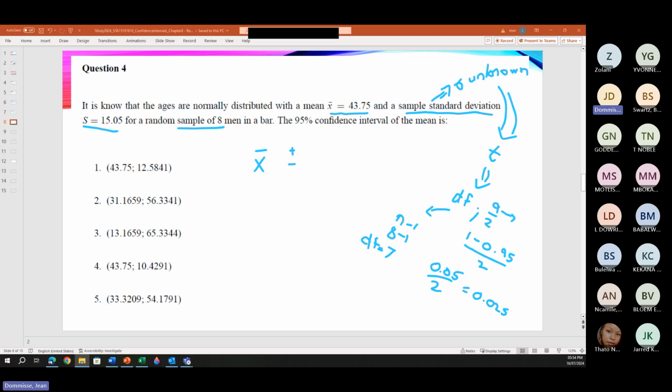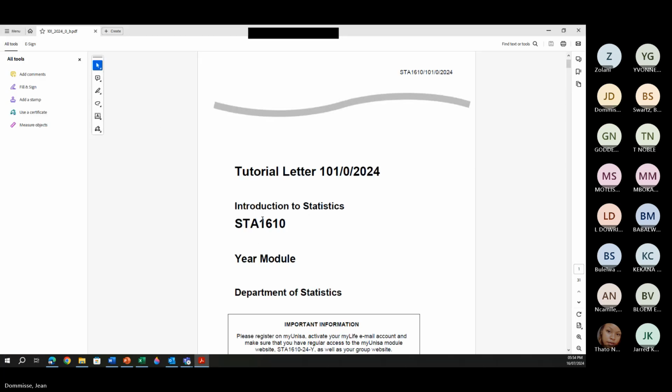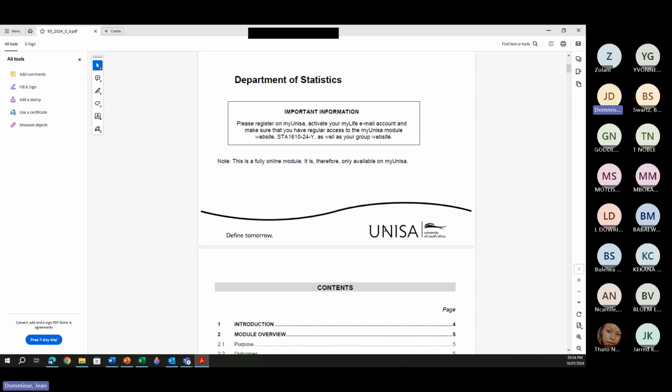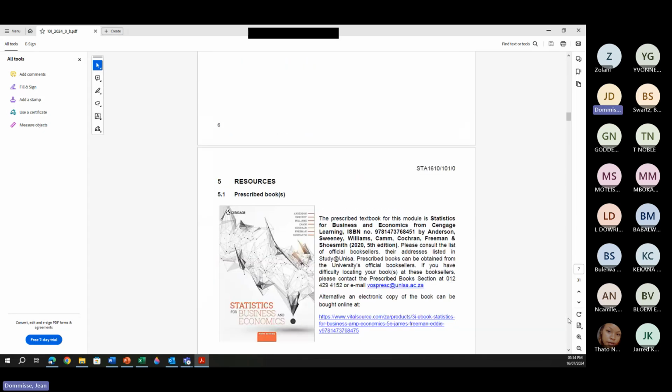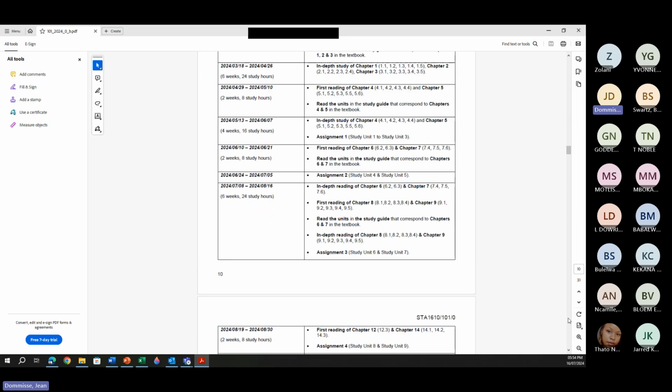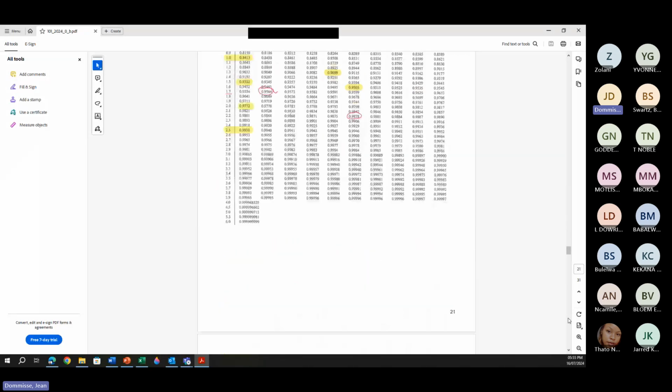So I'm using the one that you guys got as part of study letter 101. If I need to share it on the WhatsApp group, let me know, then I will share it so that we all work with the same table. This is also what you guys can use in the assignments and in the exam.